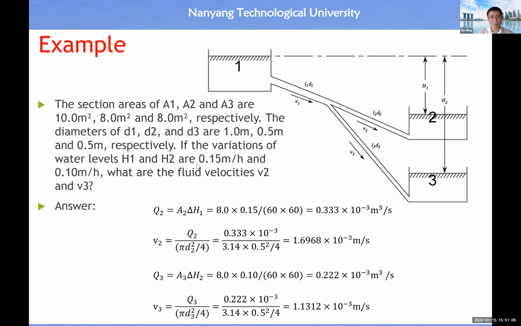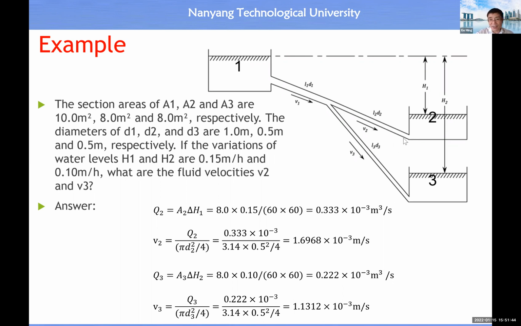So here we must do a conversion: convert hours to minutes or to seconds, because 1 hour has 60 minutes, 1 minute has 60 seconds. So do this conversion, then you get this answer. Then once we know the volumetric flow rate, we divide this by the sectional area. Pay attention that the sectional area is that of the pipe, not the tank, because we ask you to determine the flow rate, or the velocity inside the pipe, not the velocity about the increase in level, all right?